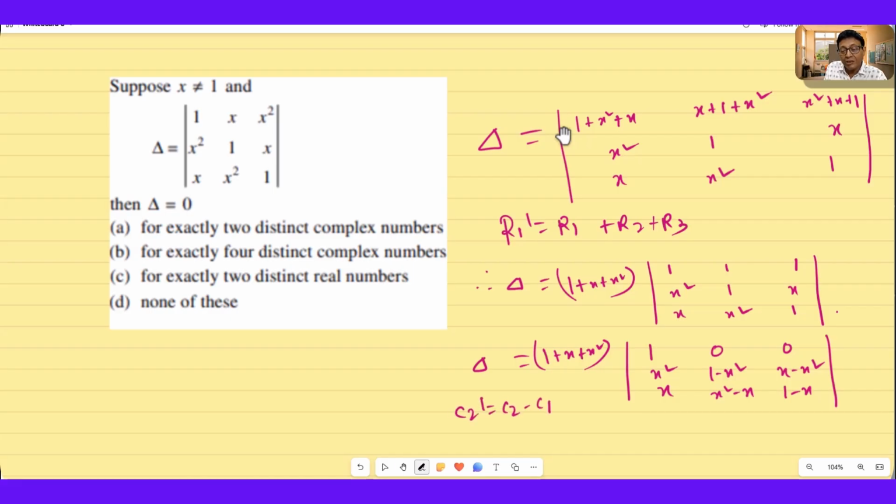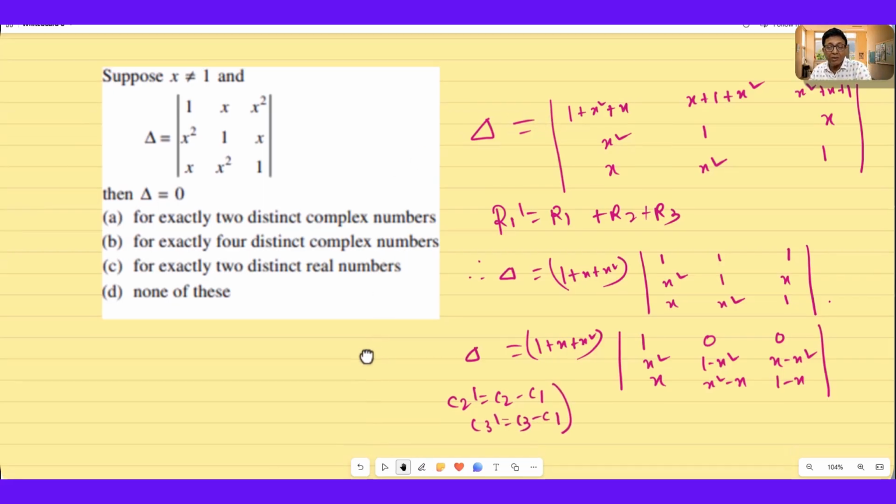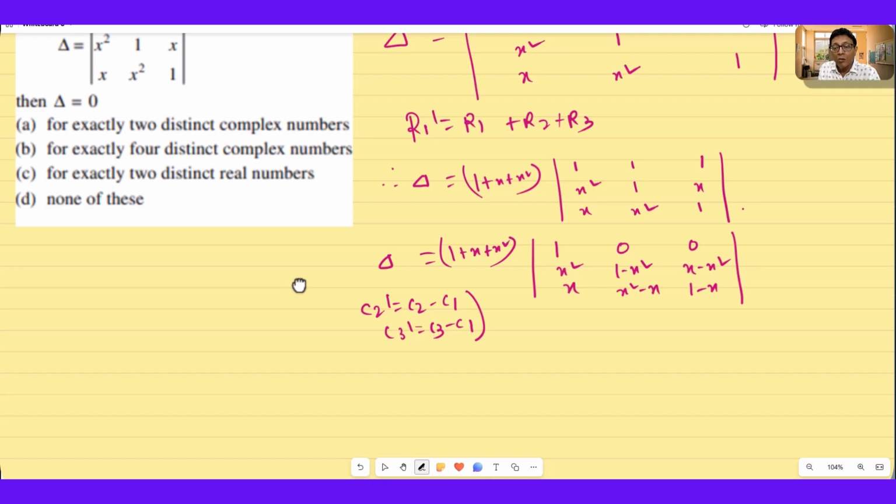C2 dash, C2 minus C1, C3 minus C1. Okay. Now delta is going to be 1 plus x square. Then there will be 1 minus x square, x minus x square. I am not expanding. All the properties are equally valid for a 2 by 2 determinant also. If you can use them, we will definitely go for it.